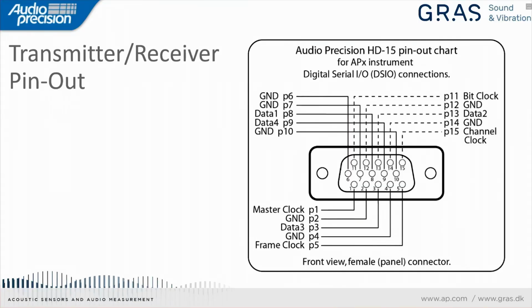So we do have more than a few customers who will fabricate their own cables, or you will actually find some evaluation modules in the world are manufactured with this HD15 connector on them, so they can be interfaced directly to a DSIO quite conveniently.